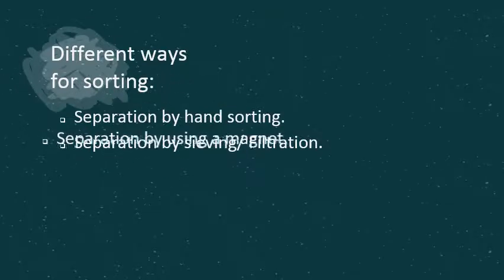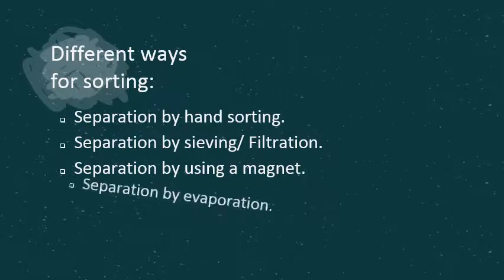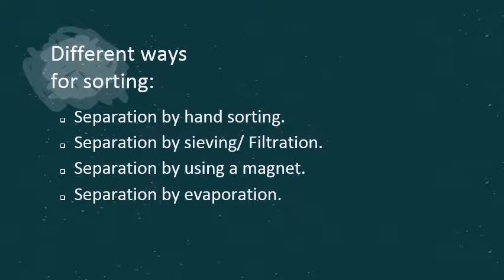Then we also get separation by using a magnet. And that is when we get to steel. Then you get separation by evaporation. And that is when we need to separate salt from water, for instance.